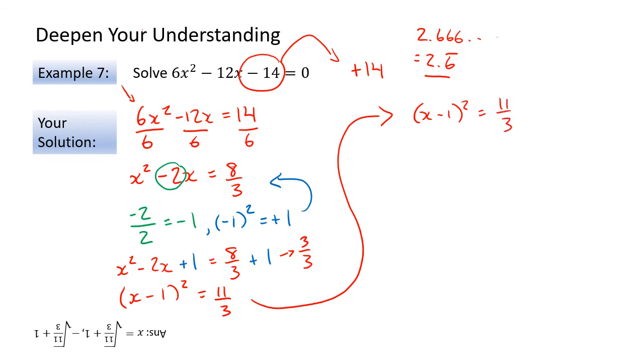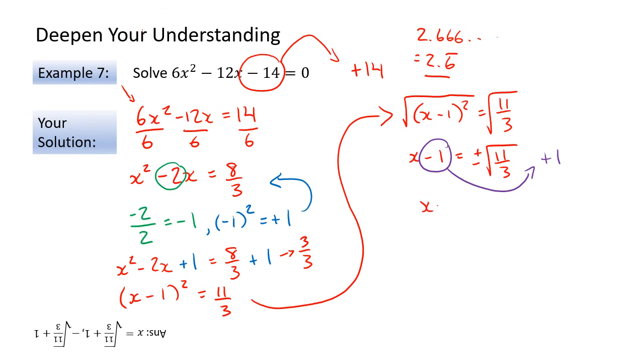Now solving for this, we can take the square root of both sides. The square root of a squared number is simply just what's in the brackets, so x minus 1. And that's equal to plus or minus the square root of 11 over 3. Our last step to solve for x is to move this negative 1 to the other side, so it becomes positive 1. And we have that x is equal to plus or minus the root of 11 over 3, plus 1.